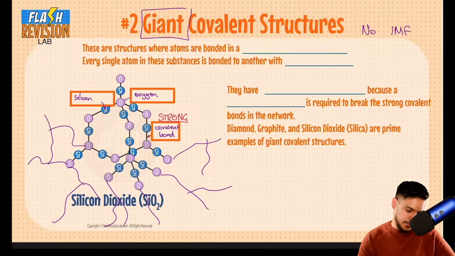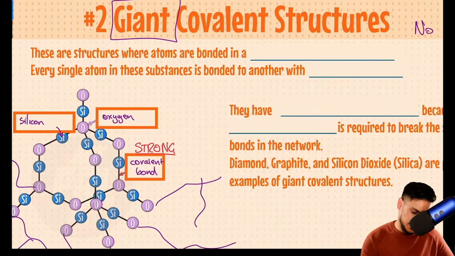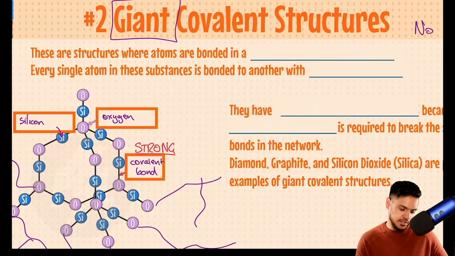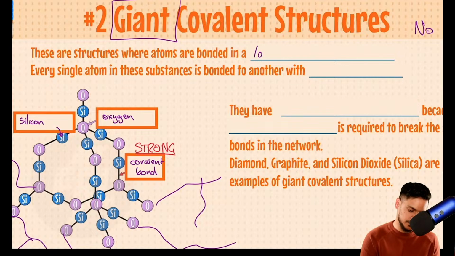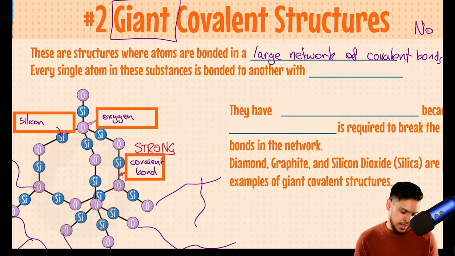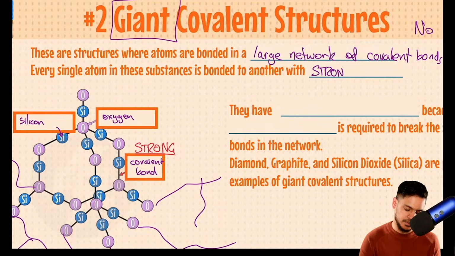Okay, so let's fill some of these in. These are structures where atoms are bonded in a large network of covalent bonds. Every single atom in these substances is bonded to another with strong covalent bonds.